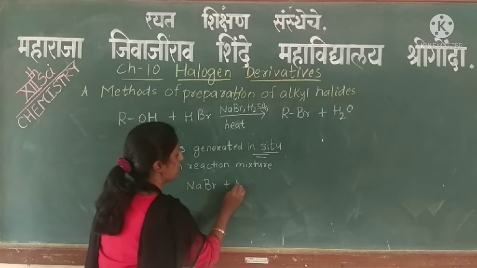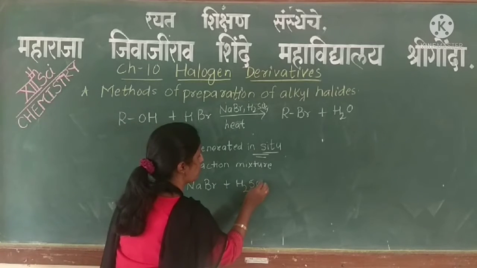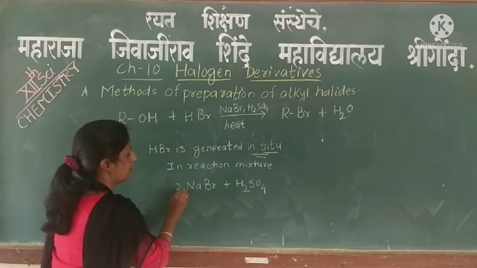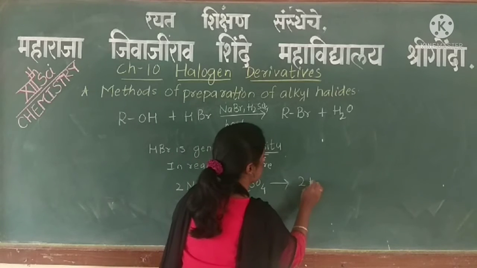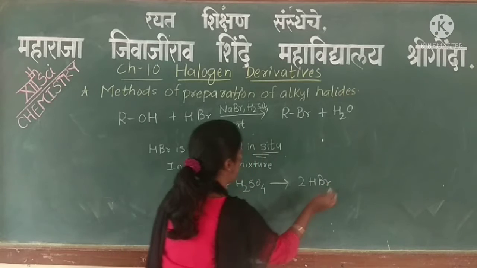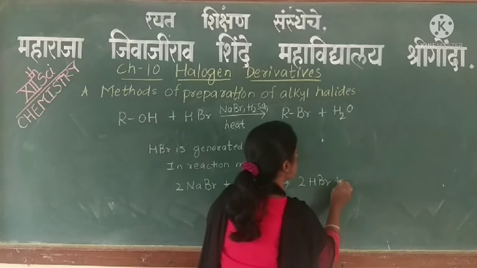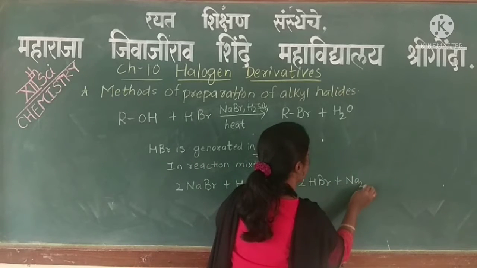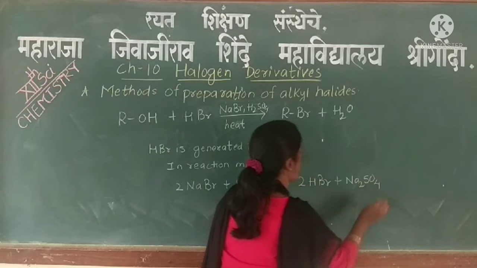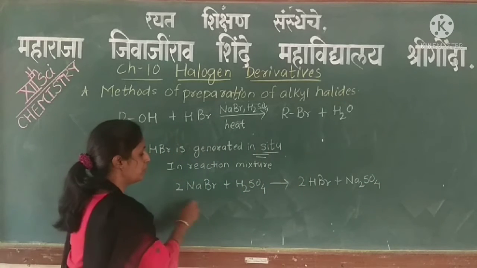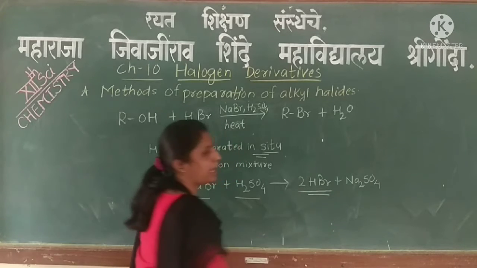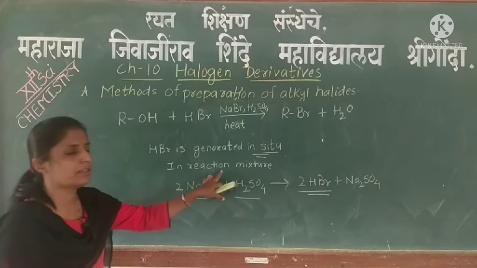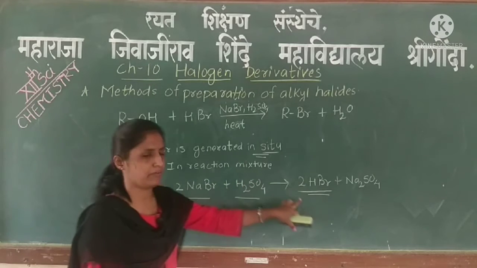NaBr plus H2SO4 gives you hydrogen bromide plus Na2SO4. So if you mix NaBr and H2SO4, what you are getting is hydrogen bromide in situ, that is in the reaction mixture itself.